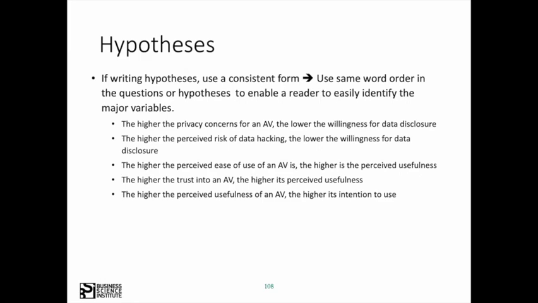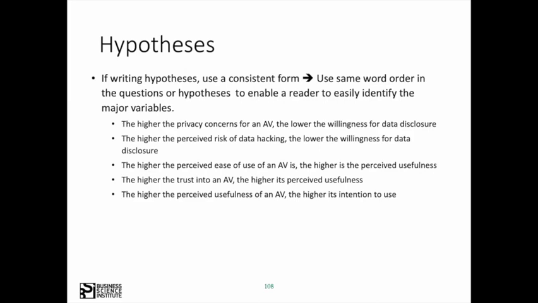The lower the trust, the lower the willingness of data disclosure. Or the higher the perceived risk of data hacking, the lower the willingness of data disclosure. Or the higher the trust in an autonomous vehicle, the higher is its perceived usefulness.